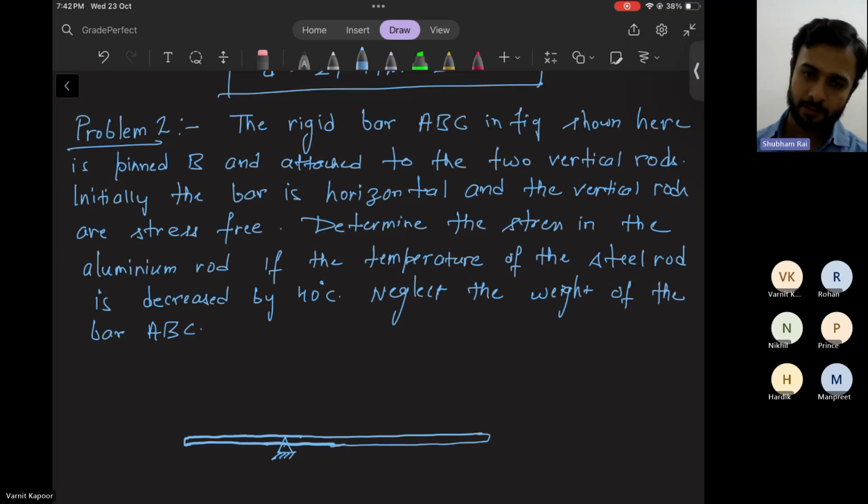Let's say this rod is rigid, and we have a steel bar and an aluminum bar. So this is point A. At this point, let's say we have this steel bar. So this is made of steel. And here, let's say this point is C. We have an aluminum bar. This is made of aluminum.